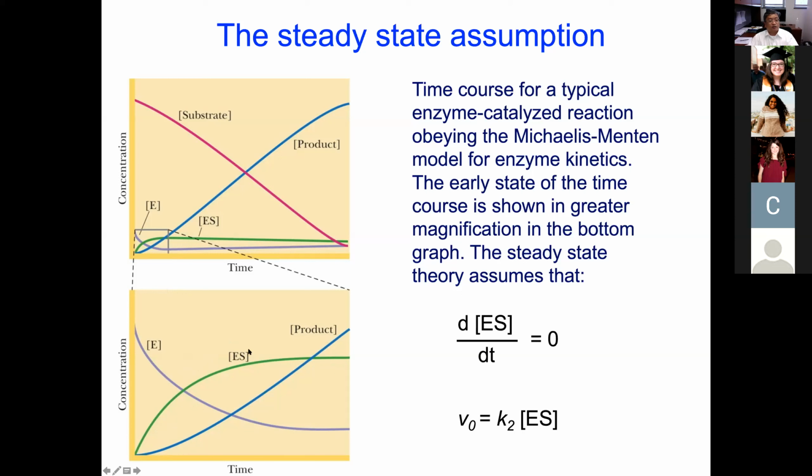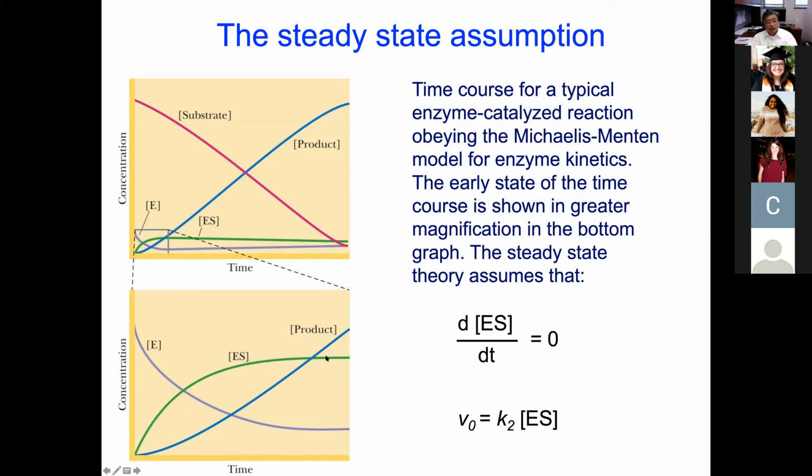But if we do the experiment, we know how much enzyme we add. So the total amount of enzyme can be easily derived based on how much we added. And you see in the very beginning, the enzyme binds to the substrate very quickly. And then the enzyme catalytic reaction reaches a steady state. You see this ES complex remains almost unchanged at a certain level.